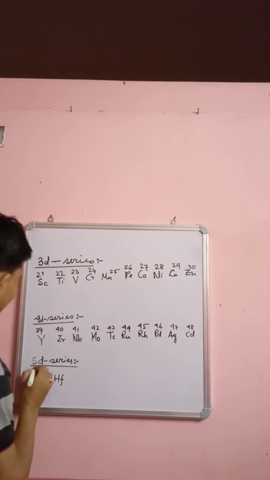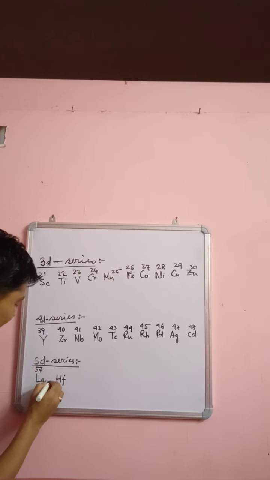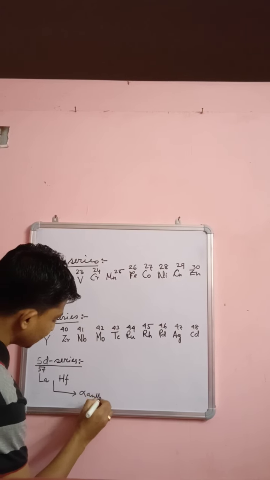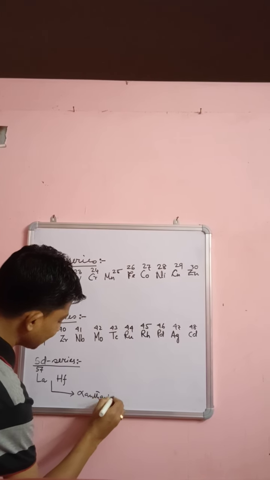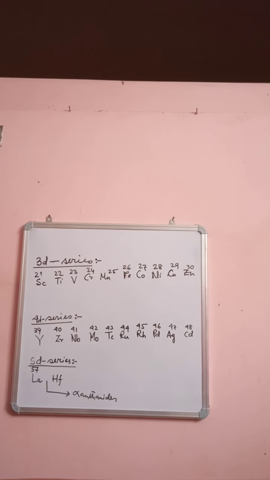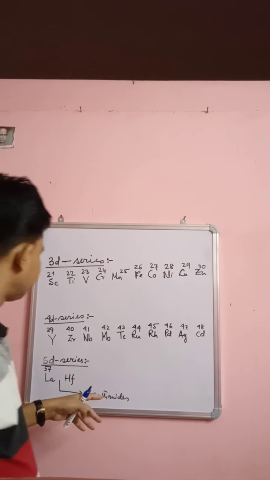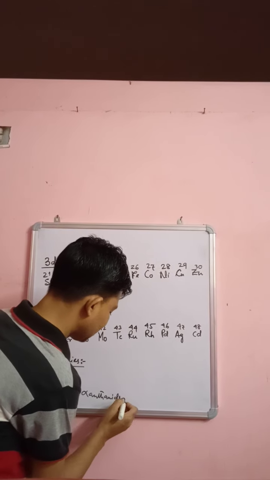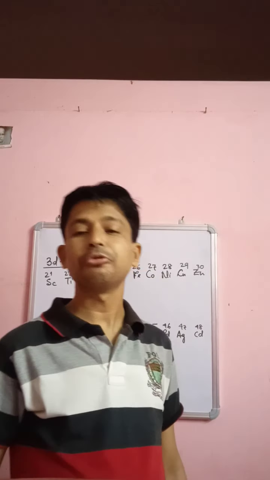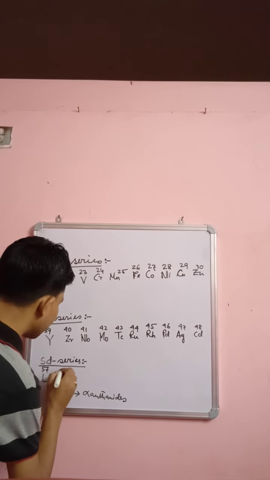Lanthanum is 57, and then here come the lanthanides, 14 elements. So 57 plus 14 will be how much? 71. Then hafnium will be 72.